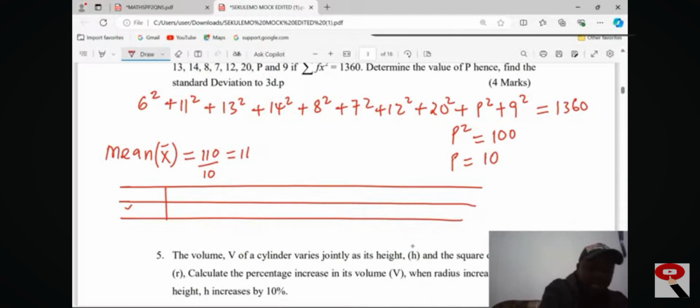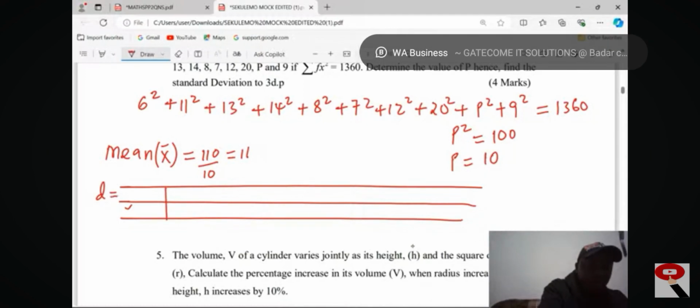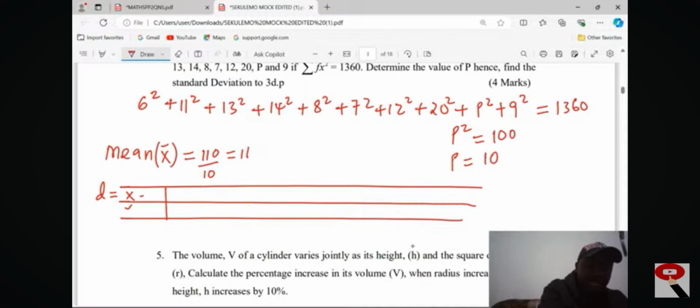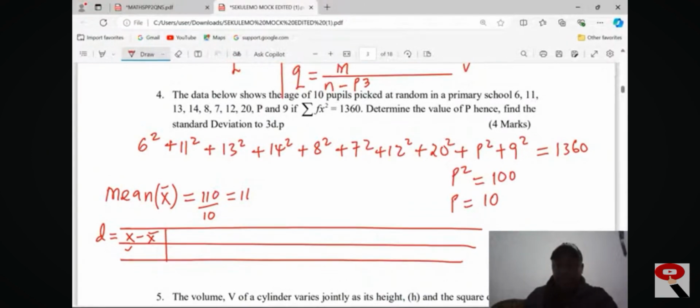So for us to get deviations, we need to get each value and how it's deviating from the mean. Each value minus the mean. So we need to take the first value, 6 minus 11, we get negative 5.